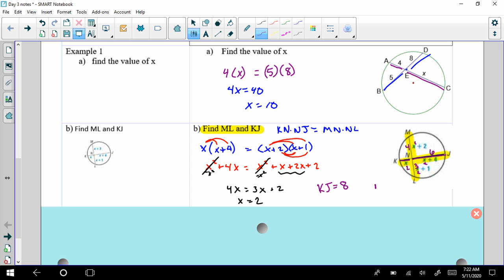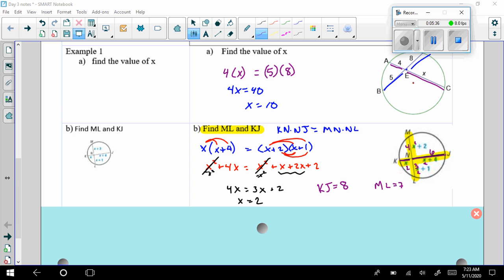So this is telling me that ML is 7. So we have a problem here because they should be equal. No, sorry, I'm getting my theorems mixed up. The products are equal. Their sums are not, so we're good.